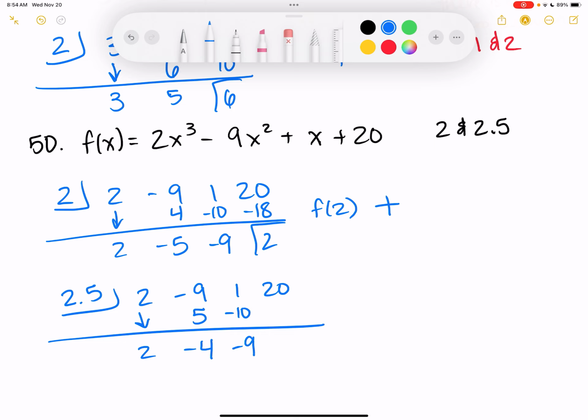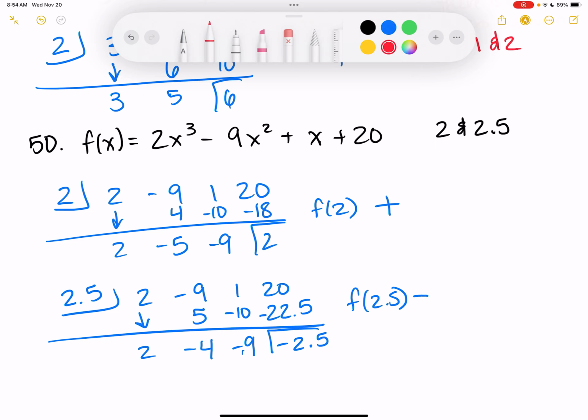Times 2.5 would be, oh goodness, 22.5, I think. Oh, but it's negative because this was negative. So then I get a negative 2.5, right? Yes. So f of 2.5 is negative.